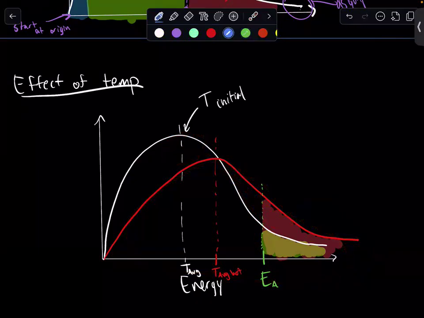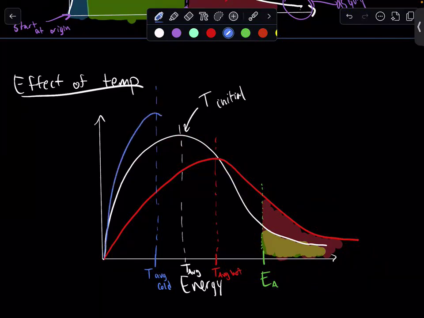Now, what happens if we freeze it? Well, our T average is going to decrease. And almost inverse to that, we now have a curve that looks like this.